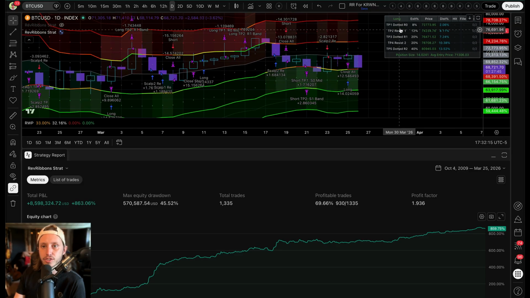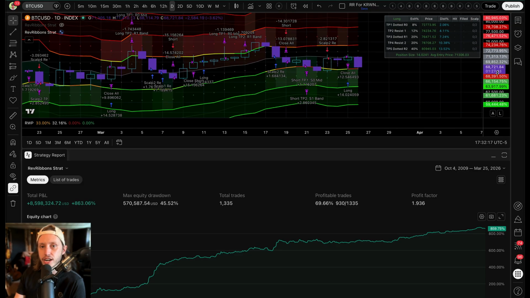And the general idea of the strategy is it's honestly going to go sideways when Bitcoin is just kind of consolidating. But when Bitcoin starts to trend is when you really make some incredible profits. And as you can see, take profit 4 and 5 have a very high percent that it's taking profit. Actually, take profit 5 is just whatever remains from the rest.